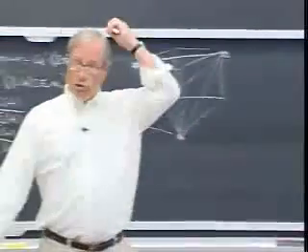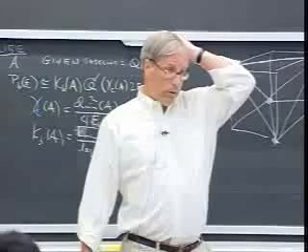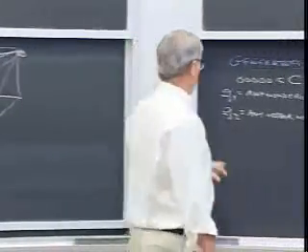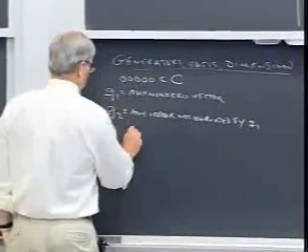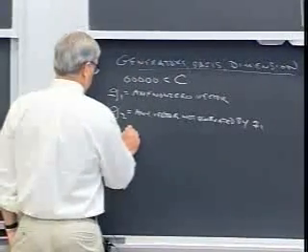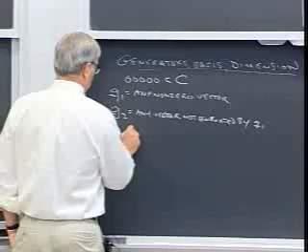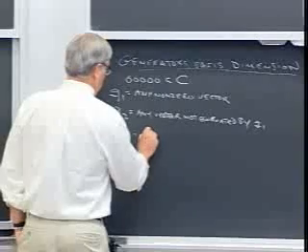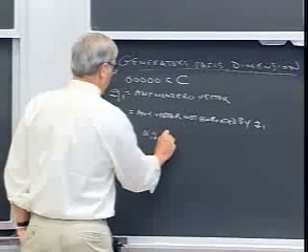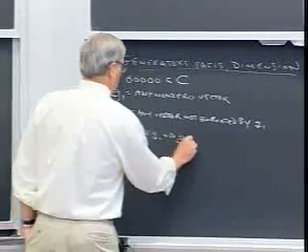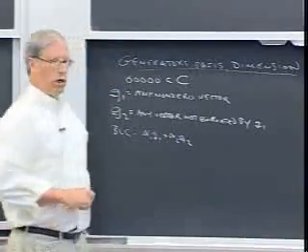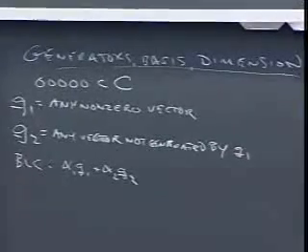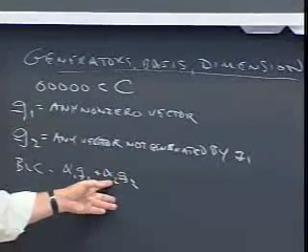Now with G1 and G2, how many vectors can I generate? Let me take all binary linear combinations. By this I mean any vector of the form alpha 1 G1 plus alpha 2 G2, where these are both scalars, and therefore each can be 0 or 1.